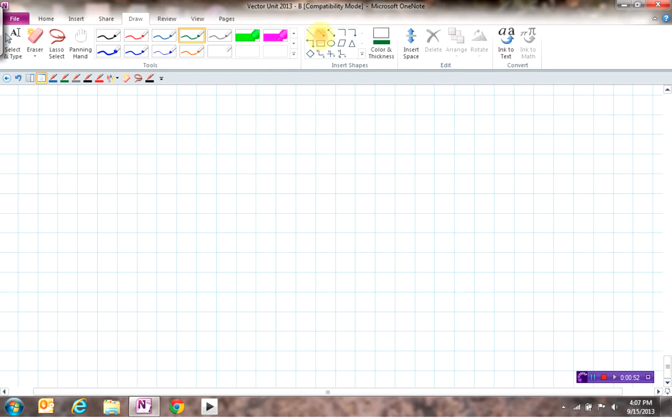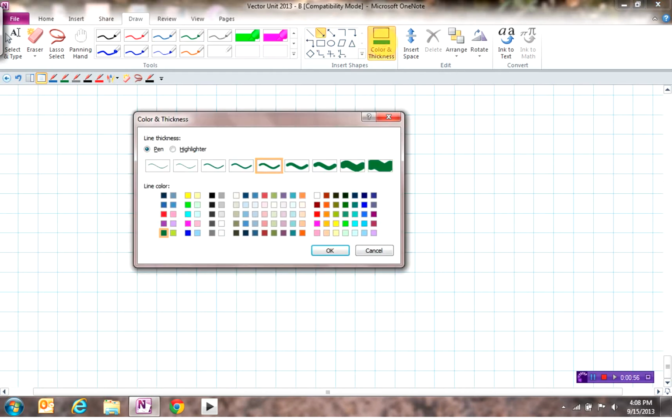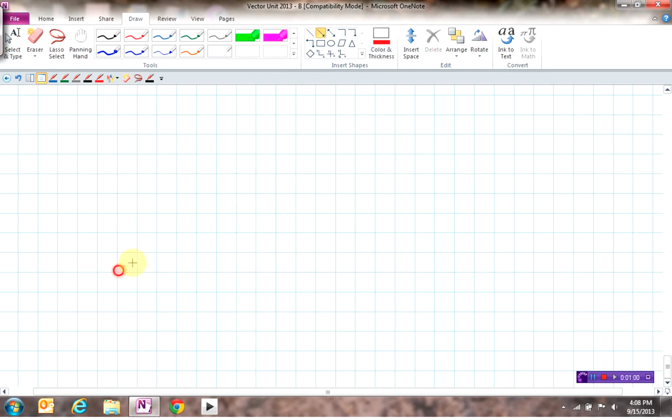So what I'm going to do is give you a vector. The value of that vector will be 46 newtons. The angle will be 35 degrees north of east, and I want you to find the horizontal and vertical components of this vector.